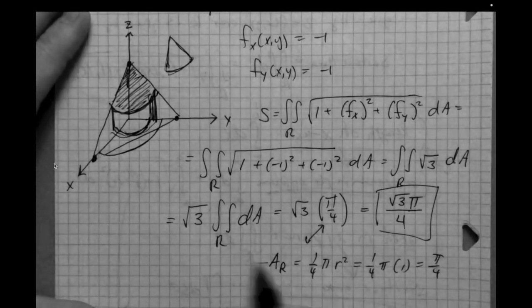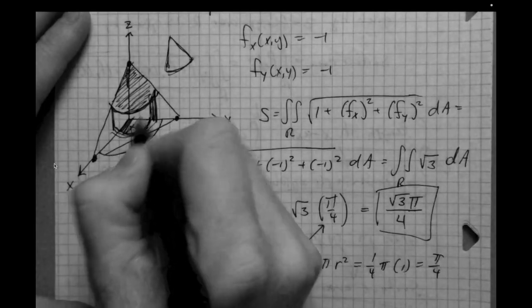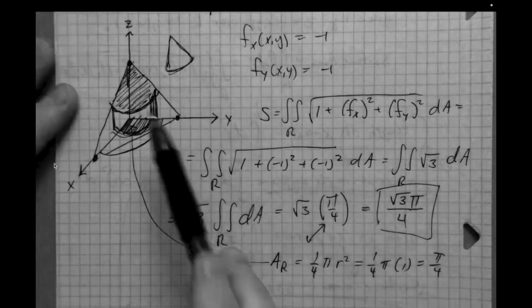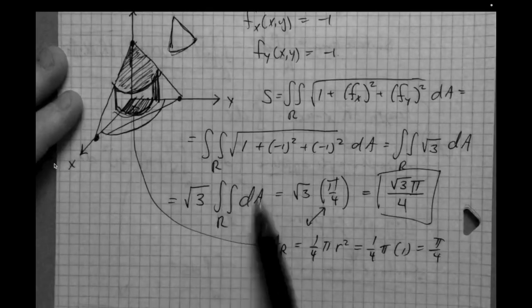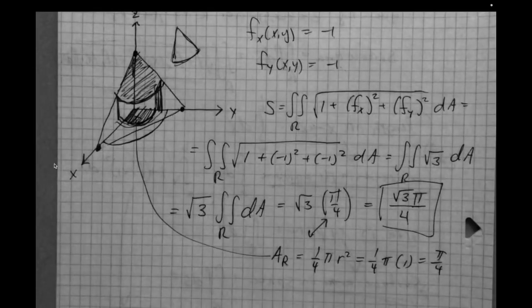Okay, so that's the area of the region down here. And what we've found is that because this has constant partials, this basically just becomes a constant times the area of the region, and that's why this one is relatively easy to sort out. But that won't always be the case.